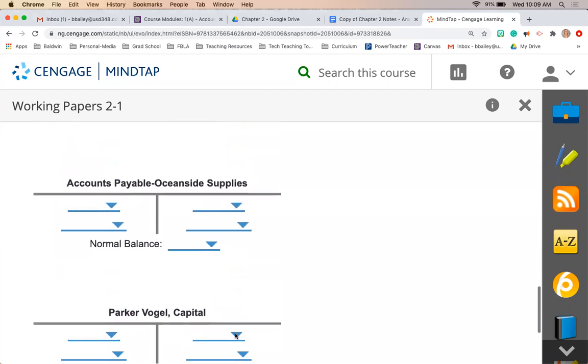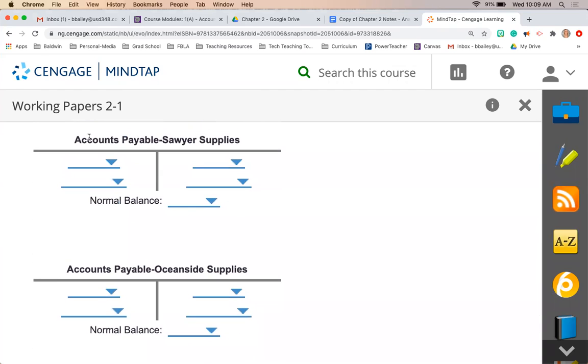Okay, now moving on to two liability accounts. How do I know that? Because it is an accounts payable, meaning that we owe a creditor money. So it does not matter the account type. Debits are always on the left, credits are always on the right. Now this is a liability, therefore a debit will decrease it and a credit will increase it. Whatever side it's increasing on, that's its normal balance.